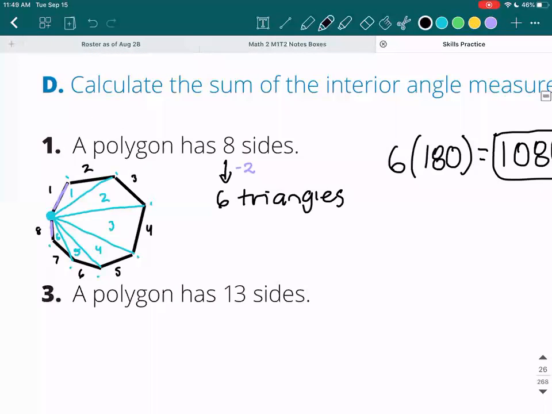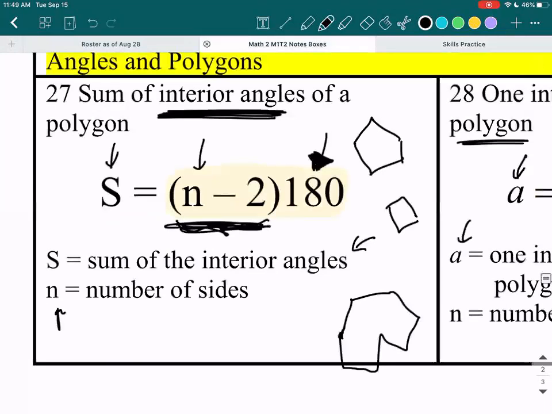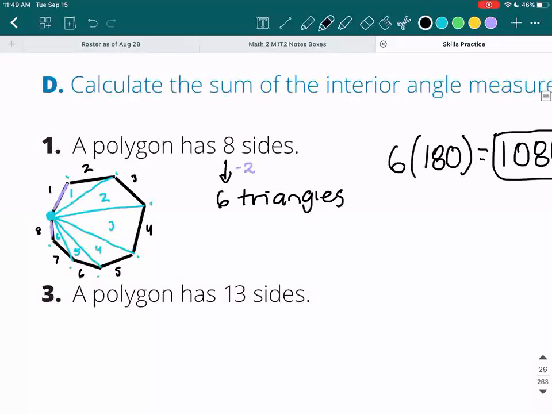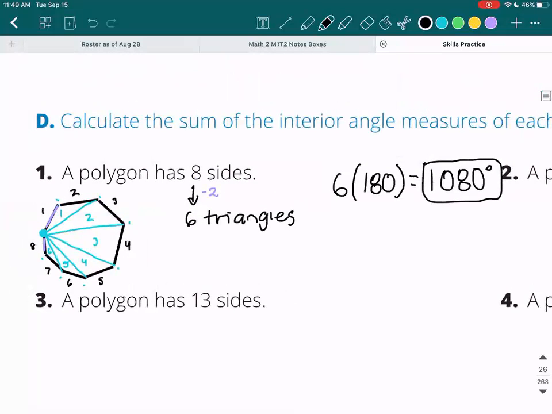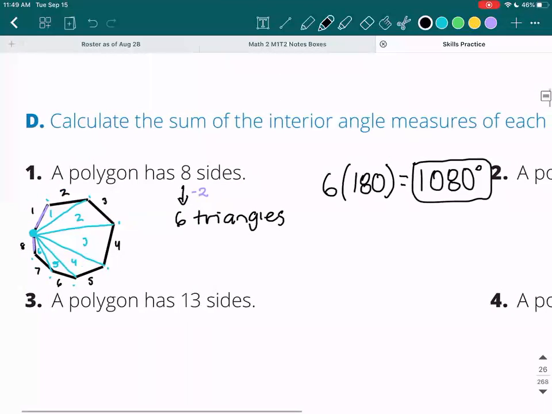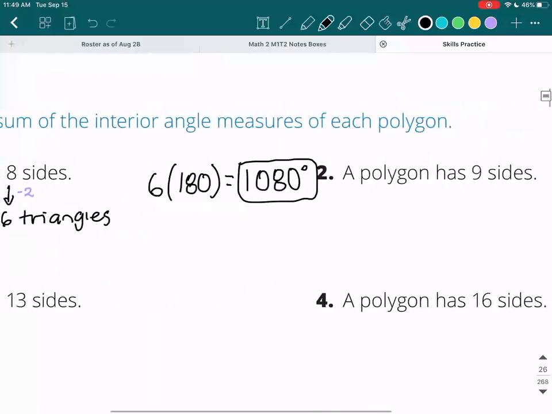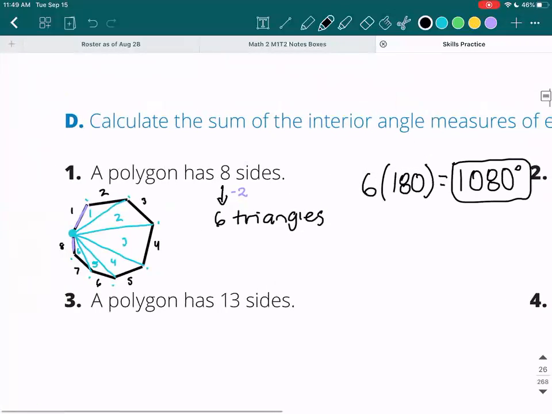Oh, okay. Thank you. So that's the formula for everybody, okay? And also, visually, you take away 2, and then you end up with 6 triangles. Then we take those 6 triangles, multiply by 180, and you get your answer. Any more questions?